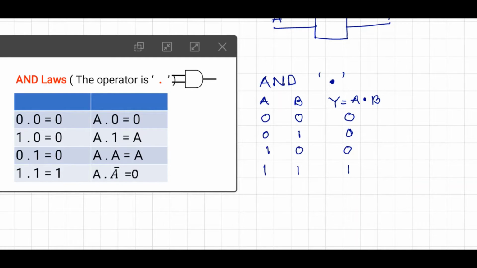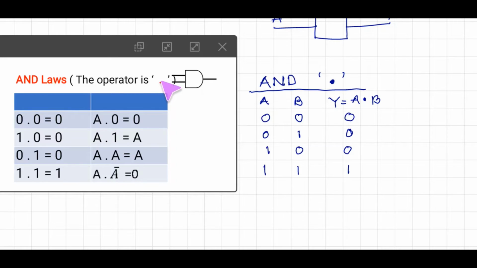That means when we talk about this AND operation, output is high then and only then when all inputs are high. If any one of the inputs is low, output is low or 0. So this is the basic AND operator.